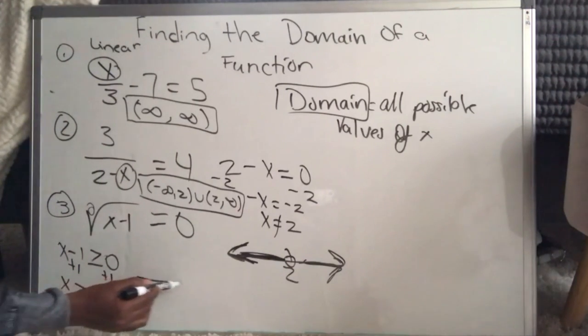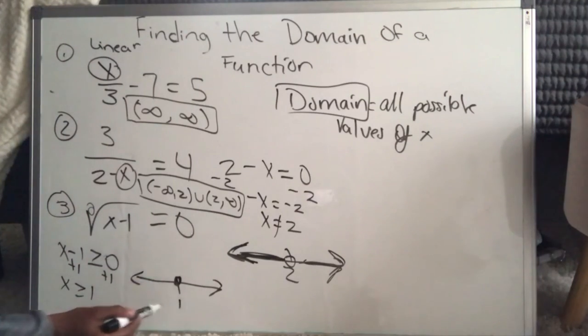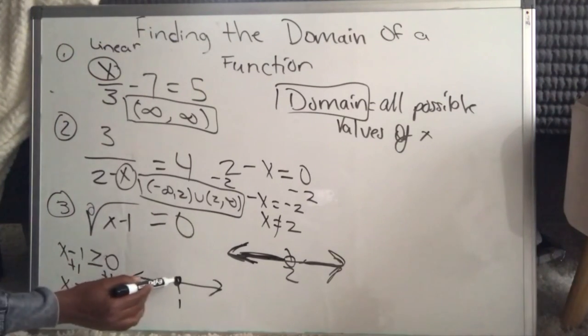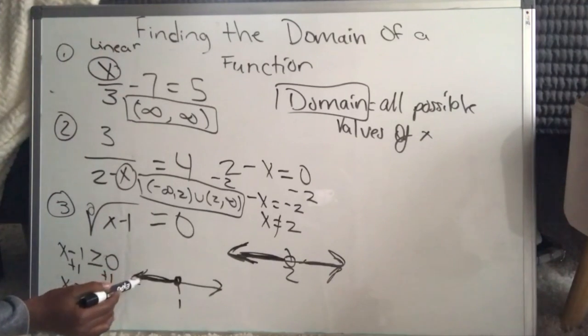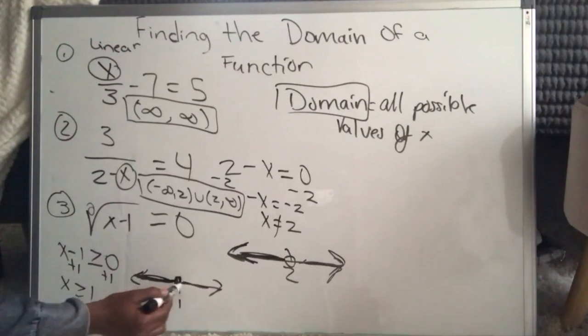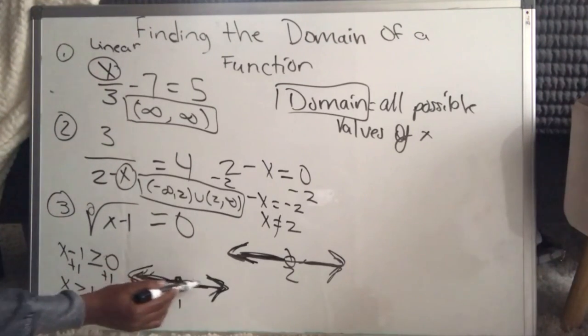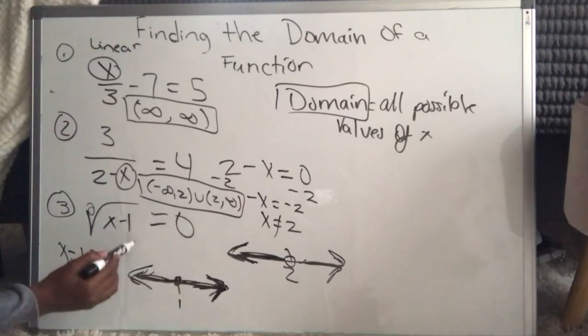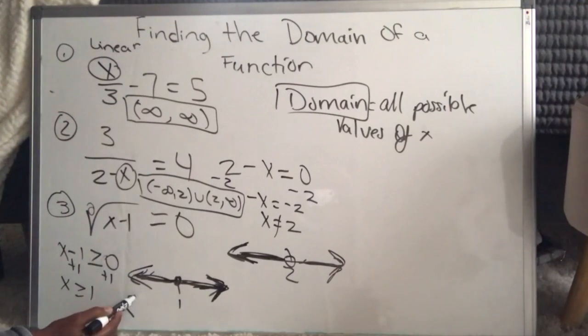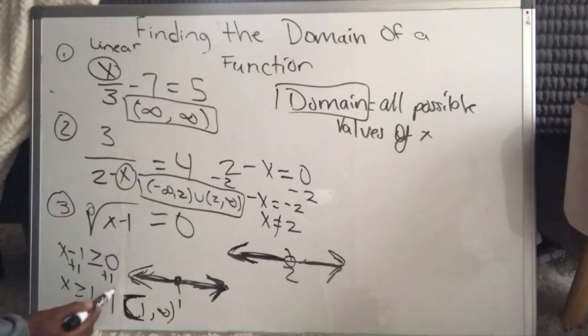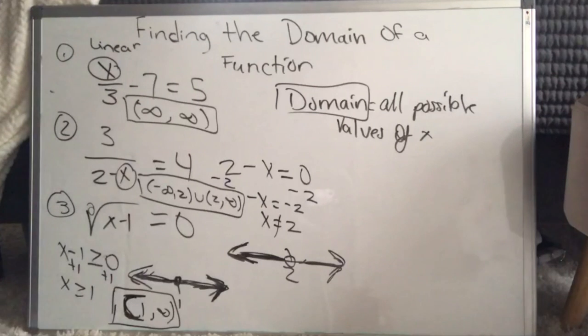So when we do our interval notation, we can do our number line, and we can shade in the number 1, and it can be all numbers greater than 1. So we're going to shade this way. So all numbers greater than 1, including 1. So our interval notation will include 1. So I'm going to do a bracket. That's a bracket, guys. 1, comma, infinity. And that will be our interval notation for that problem.